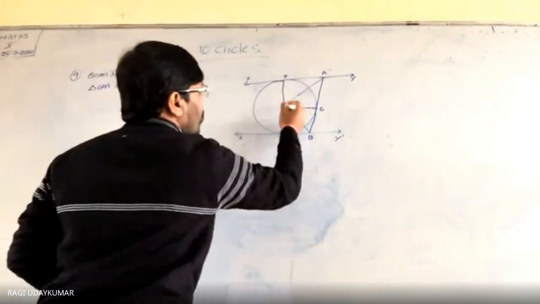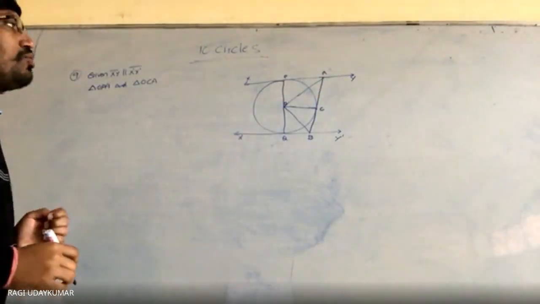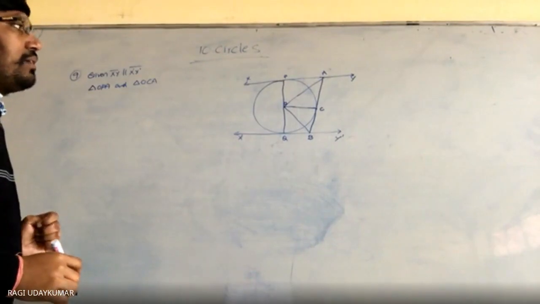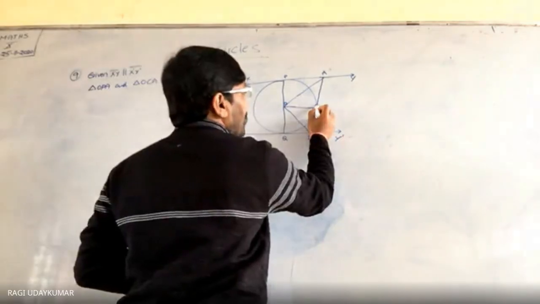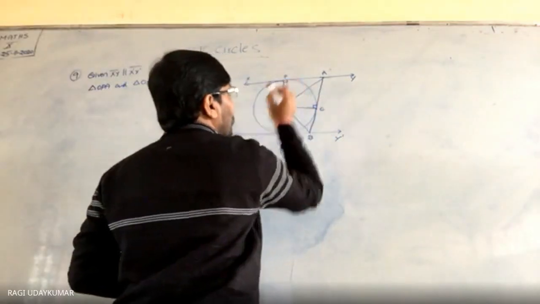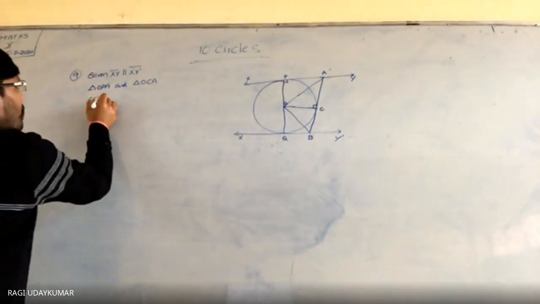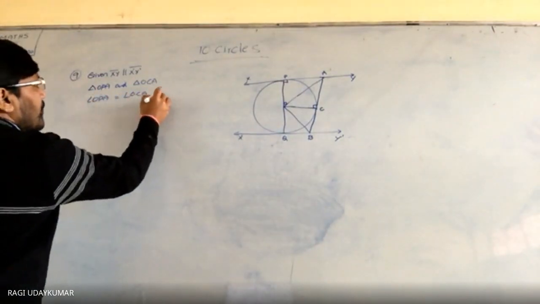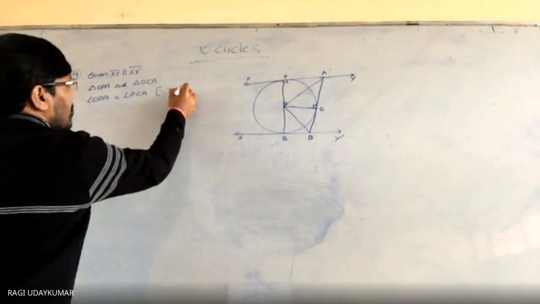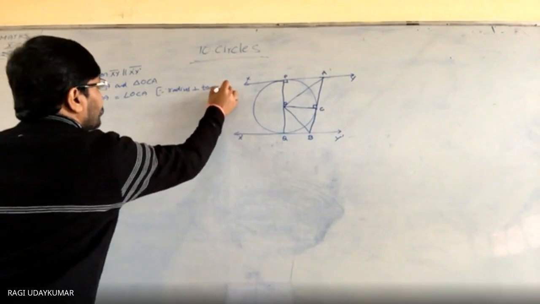And when you consider these two triangles, here OC is perpendicular, ये perpendicular है, 90 degrees, okay? So angle OPA is equal to angle OCA. The radius is perpendicular to tangent.